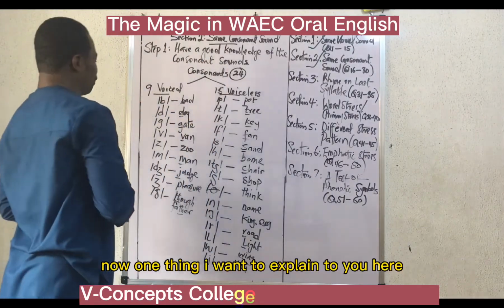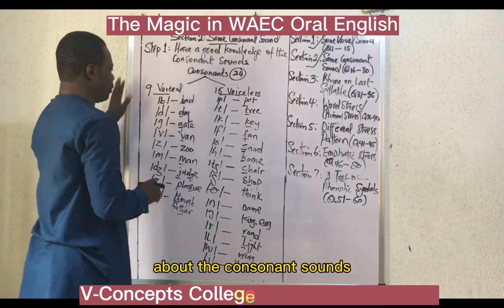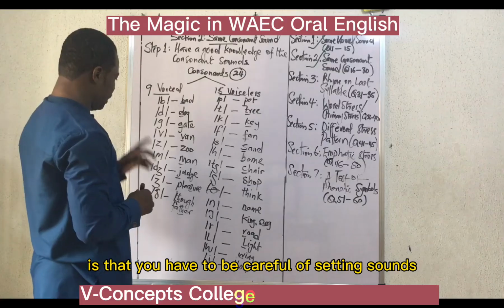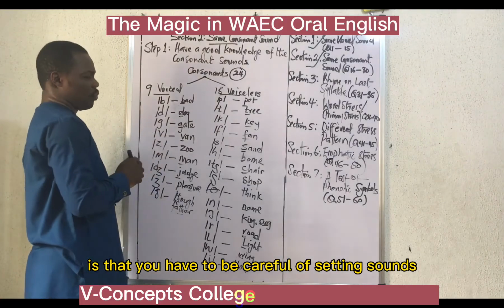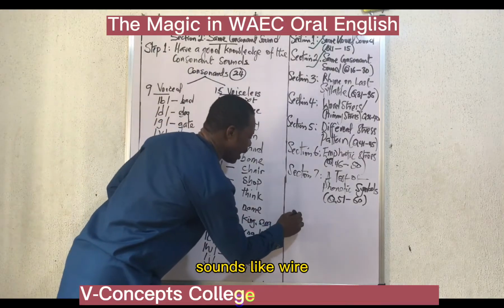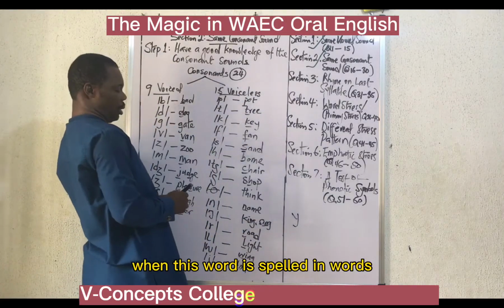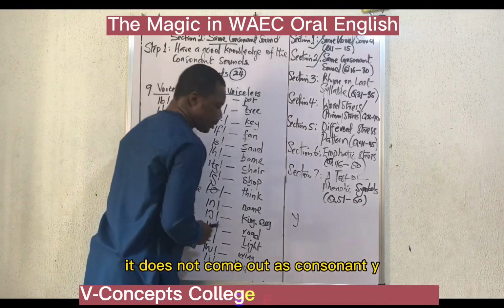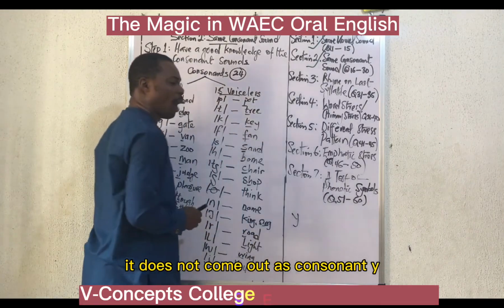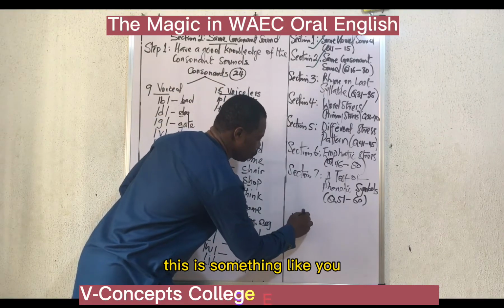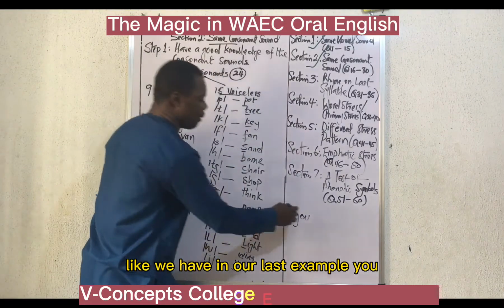Now one thing I want to explain to you about the consonant sounds is that you have to be careful of certain sounds. Sounds like Y. When this letter is spelled in a word, it does not come out as consonant Y. There is no consonant Y. Let's say something like U, like we have in our last example.